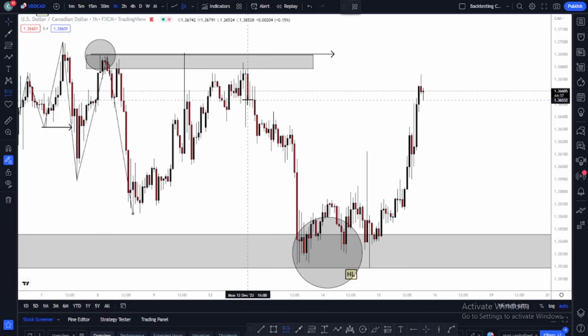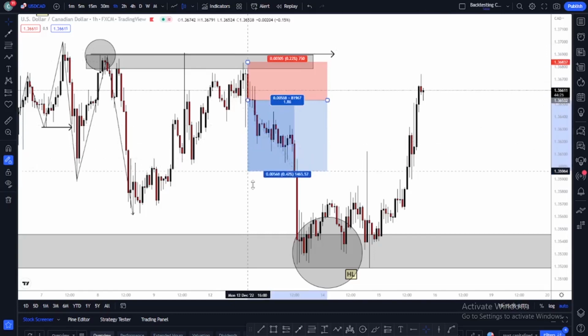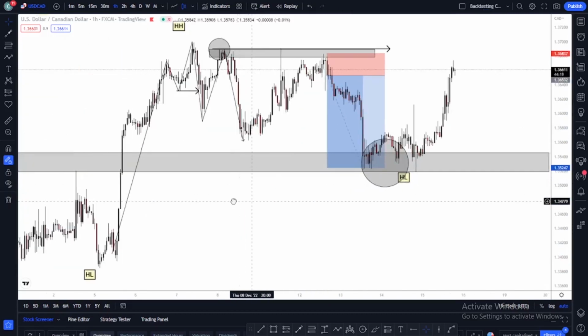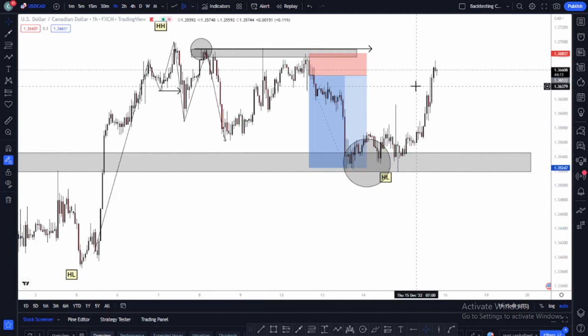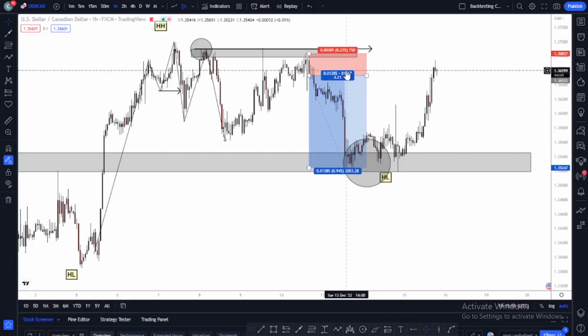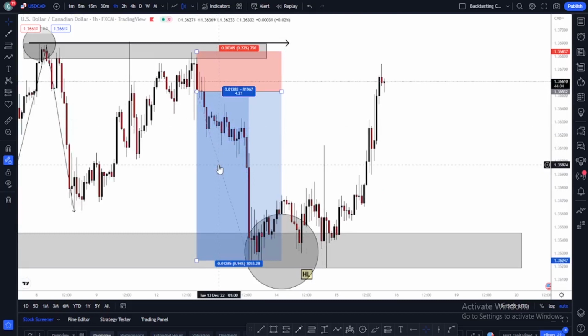I entered my trade right here, put my stop loss right on top of the wick of this bullish candlestick, and my take profit right into my retracement zone, which gave me a 1:4 risk to reward ratio, meaning I was risking 30 pips to make 128 pips.